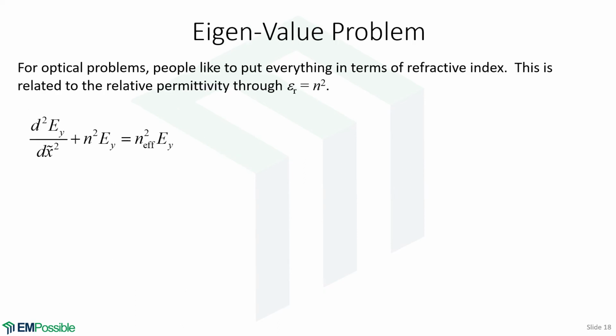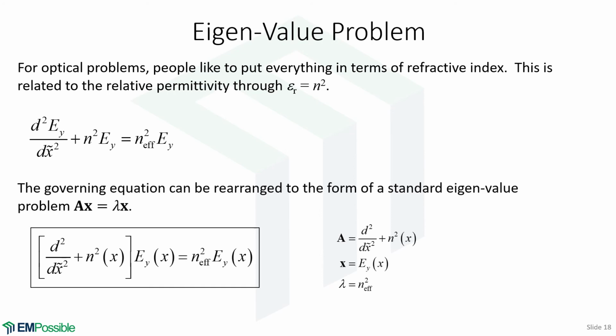It turns out the reason we wrote it this way is because that is in the form of what is called an eigenvalue problem. Eigenvalue problems have the form of Ax equals lambda x, where A is a square matrix, x is a column vector, this x is the same x, and lambda is a constant. Analytically, we can write our eigenvalue problem this way.